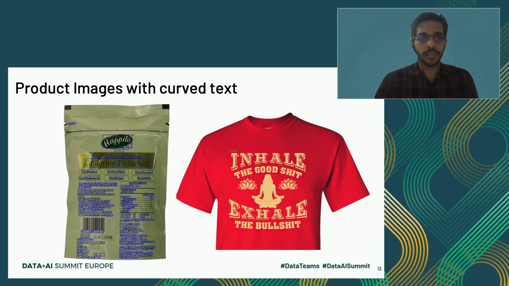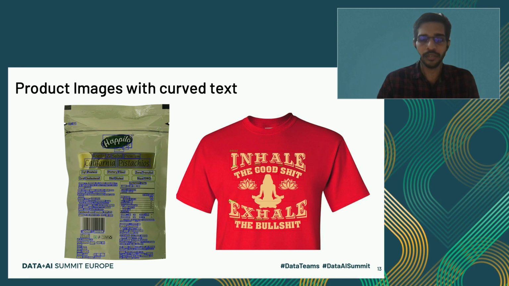Later we saw that for product images with curved text, we were not able to do pretty decently when extracting if the text was arbitrarily shaped or curved. Here the use case was offensive text classification.